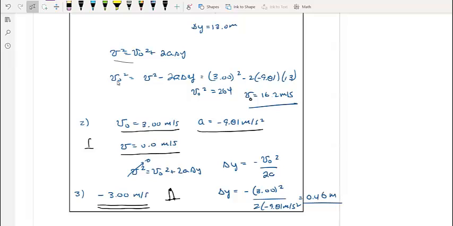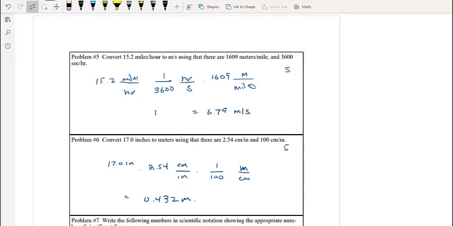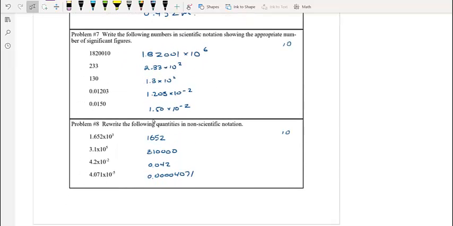But you didn't actually need to do the calculation because of symmetry. Pretty much everybody got these right. There are a few people that put an extra significant figure on here, but this is not significant.